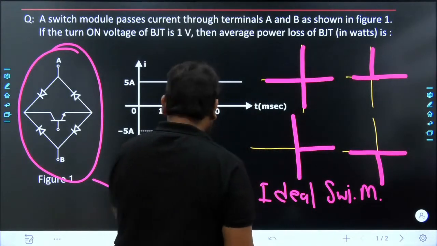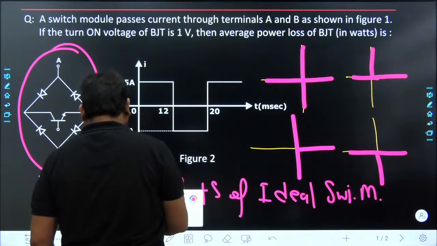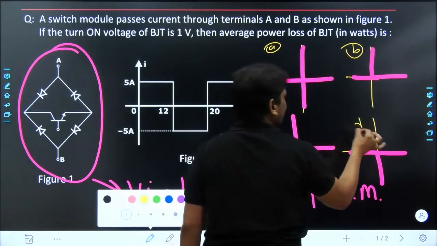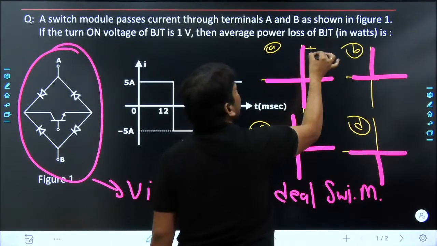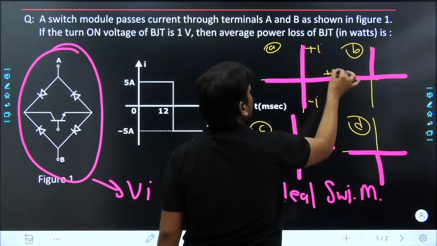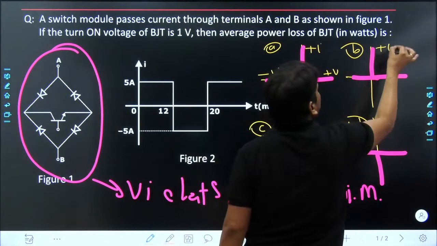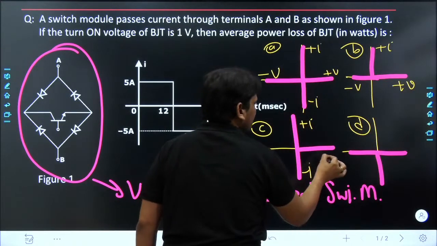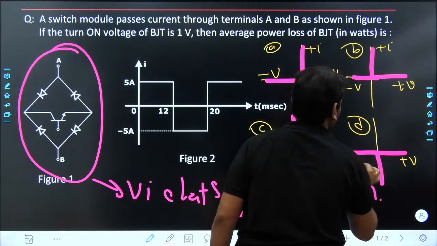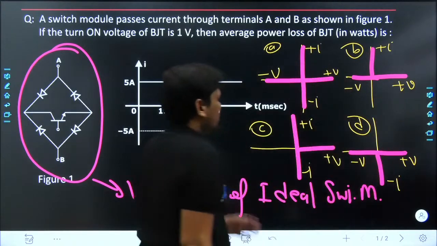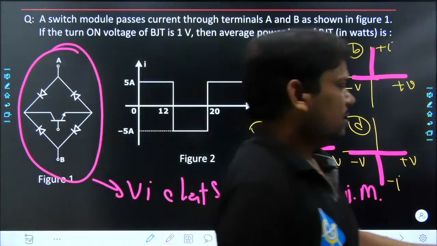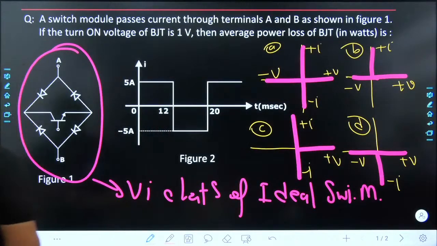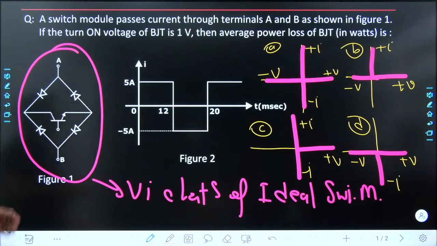Here it is plus I, minus I, plus V, minus V. Here plus I, minus V, plus V. Here plus I, minus I, plus V, minus V, minus I. Okay, you have these options. Now start. Try to understand the example or switch module properly first, then tell me the correct answer.